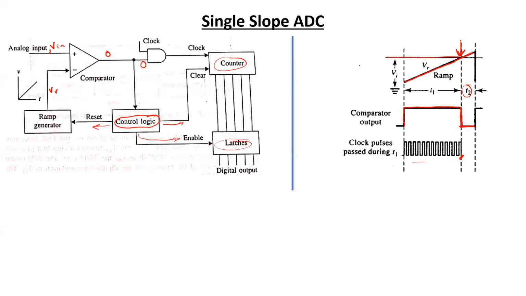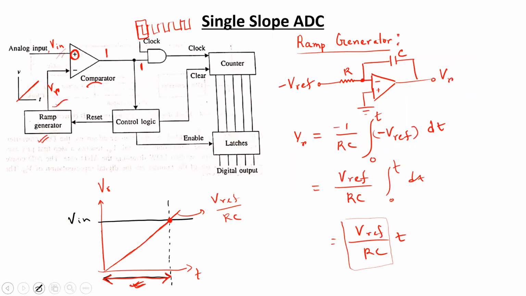At this particular point, after T1 duration, so at t equals T1, we can write the output of the ramp generator to be equal to V reference by RC into T1. So we are just replacing t with T1 over here.